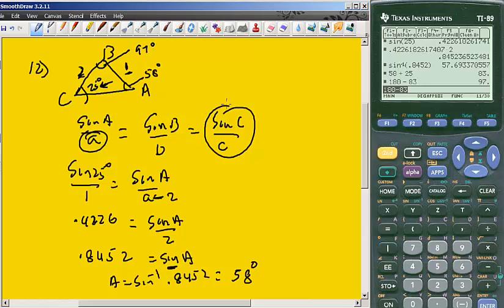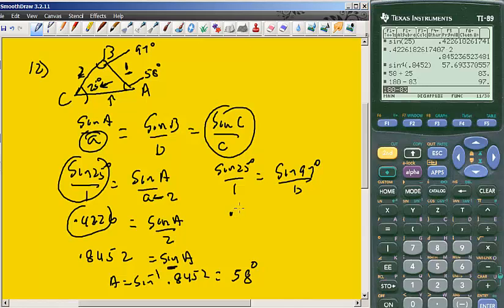Now we can find side B. Since we already have this, we can use it: sine of 25 degrees over 1 is equal to sine of 97 degrees over side B. So this is 0.4226 is equal to sine of 97 degrees over b. Let's find that.